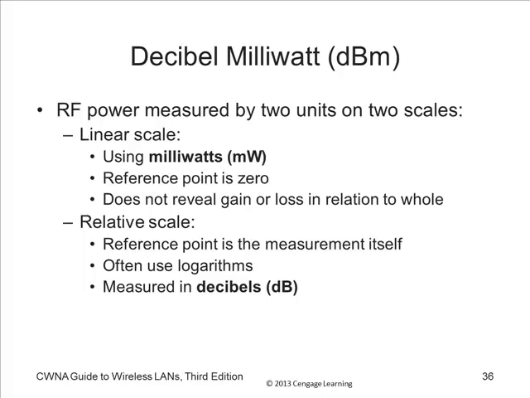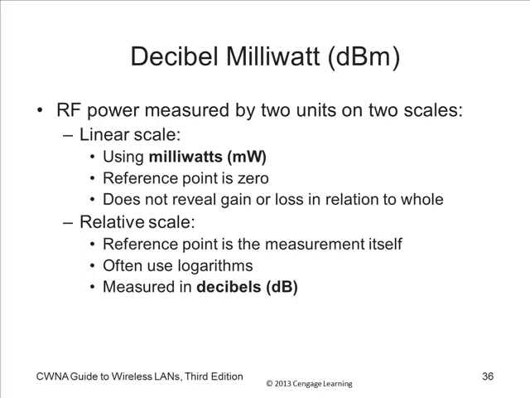Minus 3 dB would be what, double or half? 50%. 3 dB would be double. 10 dB would be, we're going to rehearse this, 10 times. Minus 10 dB would be 1/10 of whatever it started out with. So if we had a minus 10 dB signal and we started with 1 milliwatt, we'd have 1/10 of a milliwatt.